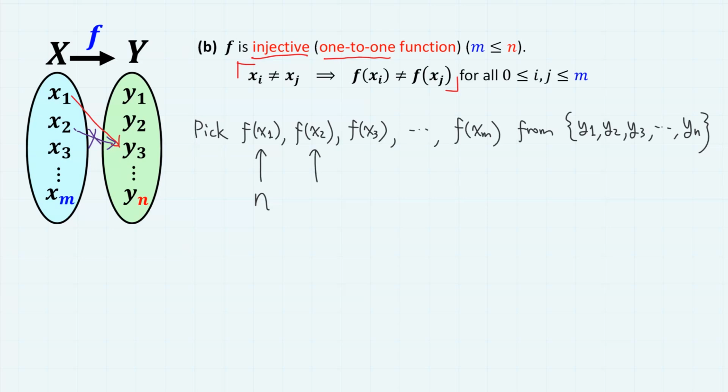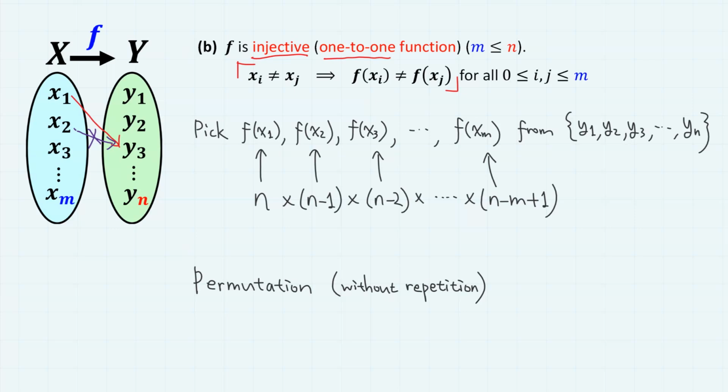Therefore, for f(x2), there are n-1 choices remaining. And of course, for f(x3), there are n-2 choices, and so on. And for f(xm), we have n-m+1 choices, which is really not that difficult to think of. So we have n times (n-1) times (n-2) times ... times (n-m+1).